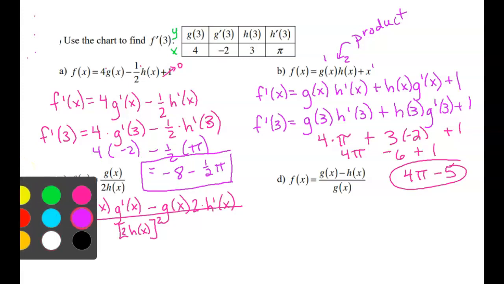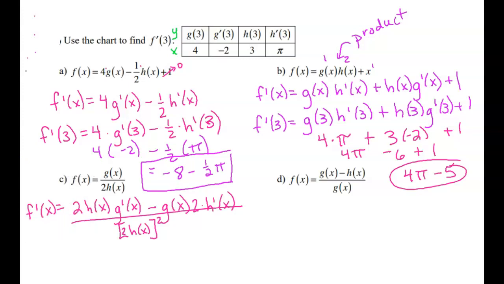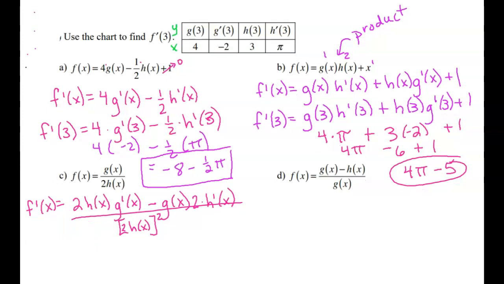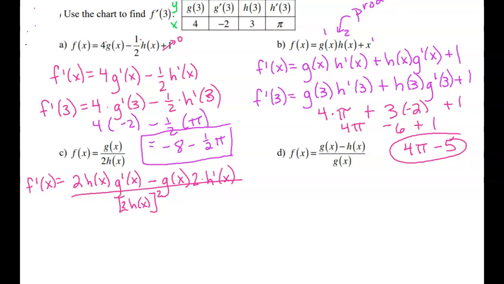So we are going to do some substituting. I'm just going to write it up here. There we go. So I get 2. What's h? H of 3 is 3. G prime of 3 is negative 2. G of 3 is 4 times the 2 times h prime is pi.